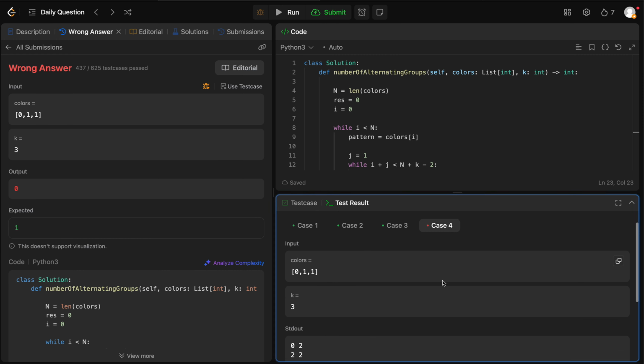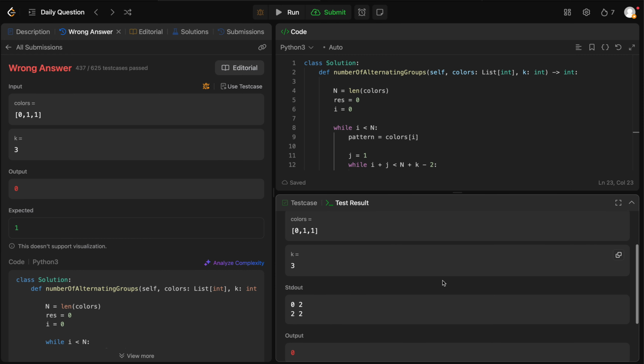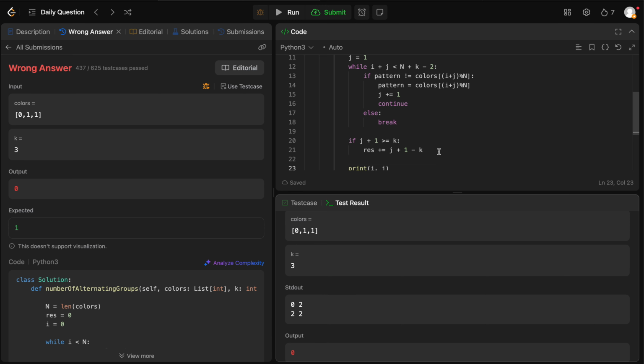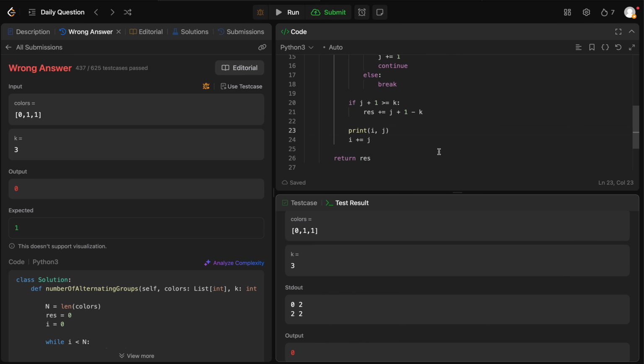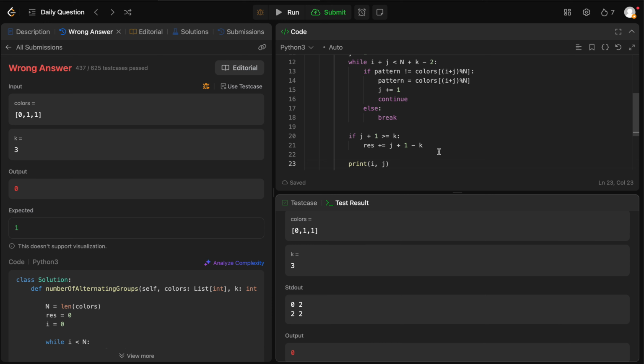This is weird. So this one was 0 and 2. Okay.